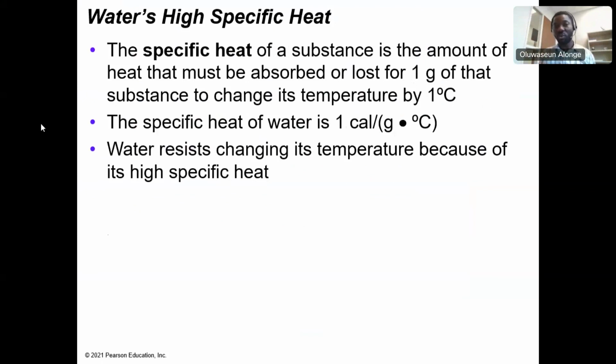That is what we call specific heat. The specific heat of water is 1 calorie per gram per degree Celsius, right? Now, water resists changing its temperature because of its high specific heat. All right, let's go.